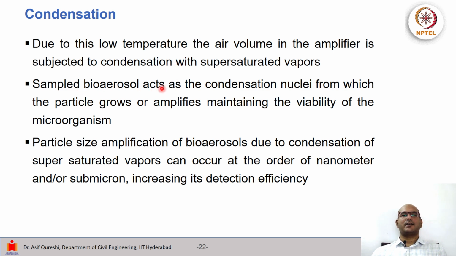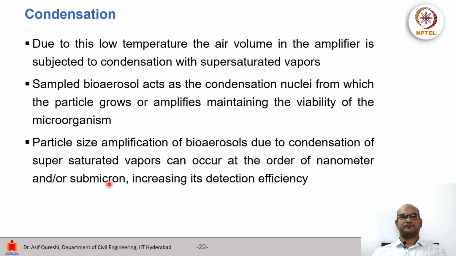Sampled bioaerosol will act as condensation nuclei, and once the vapors condense on these nuclei, the particle grows or amplifies, and the viability of the microorganism is also maintained. The particle size amplification due to this condensation for the bioaerosols can occur at the nanometer and submicron scale and helps increase detection efficiency because the particles have grown in size.